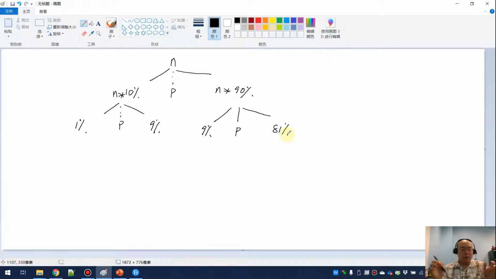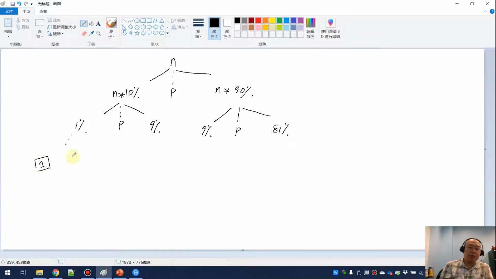If we just continue doing so, and we always assume that there are 90% of the values on one side, you will see in this tree structure that on the left side, eventually the problem size will be 1. This will happen very quickly because every time there will be only 10% of the values, another 10% of the values, another 10% of the values, and eventually we will have the problem size be 1, which is the base case, nothing to be sorted.